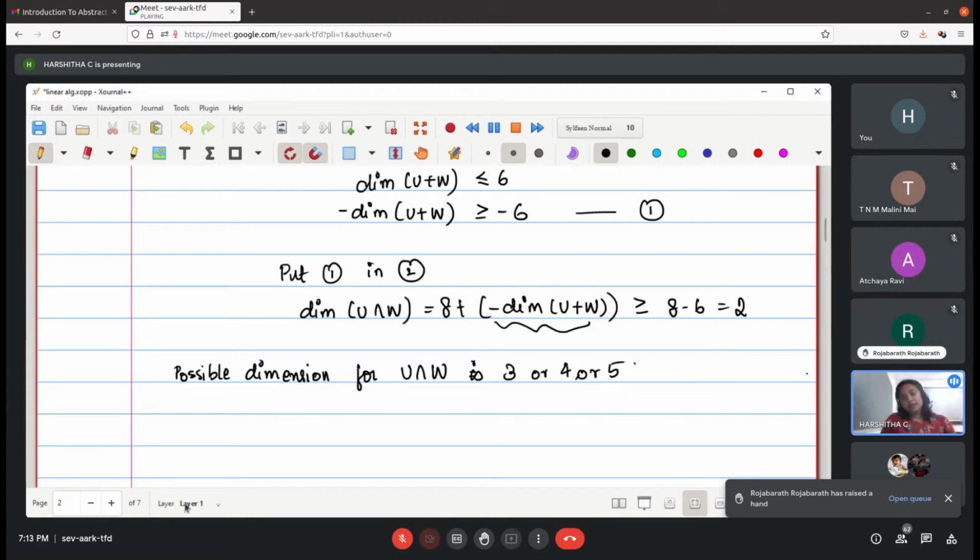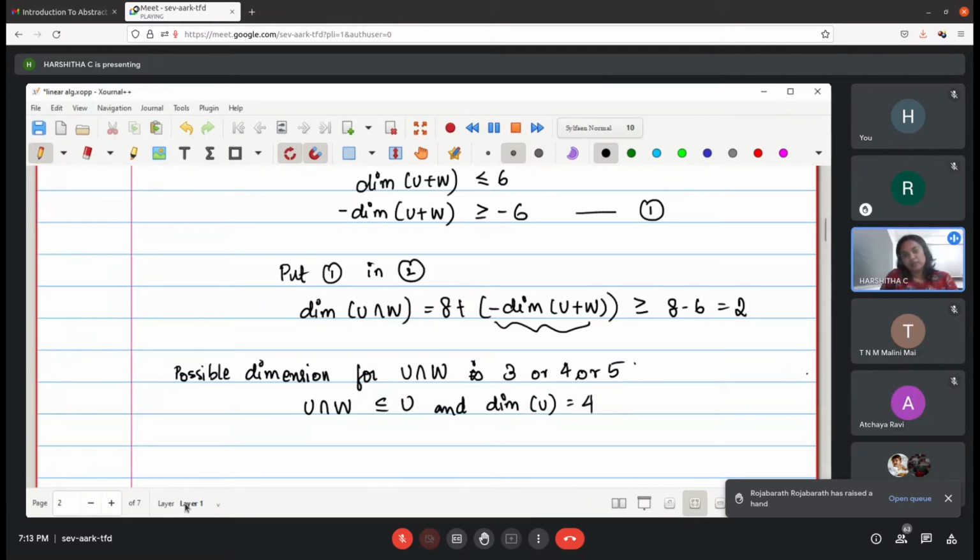Now you have that U intersection W is contained in U, right? And dimension of U is 4. So you have something smaller than U, or a subspace of U. So dimension of U intersection W should be less than or equal to dimension of U, which is 4.